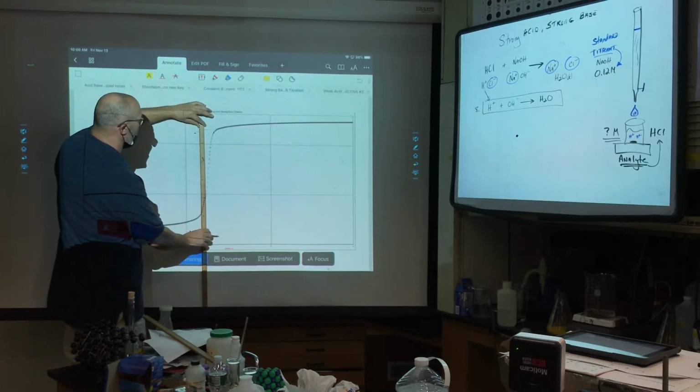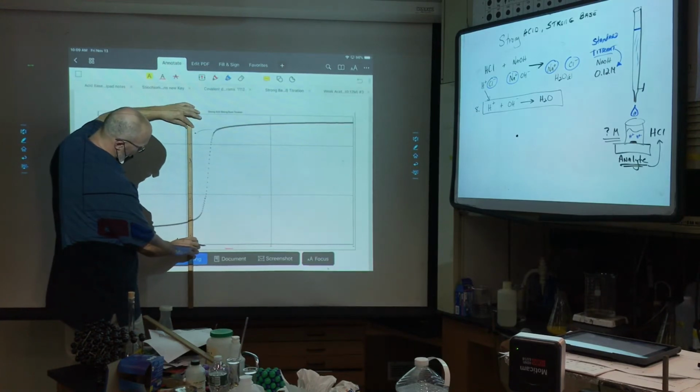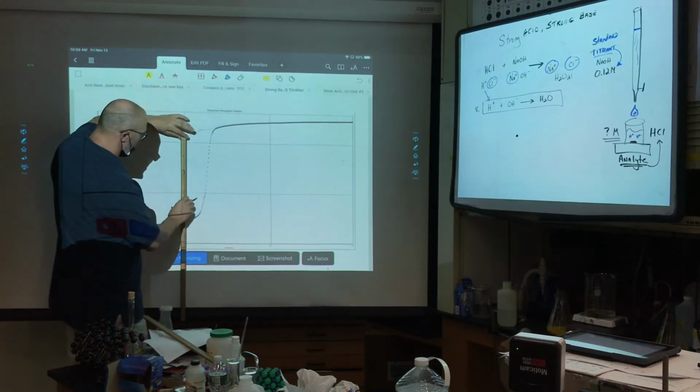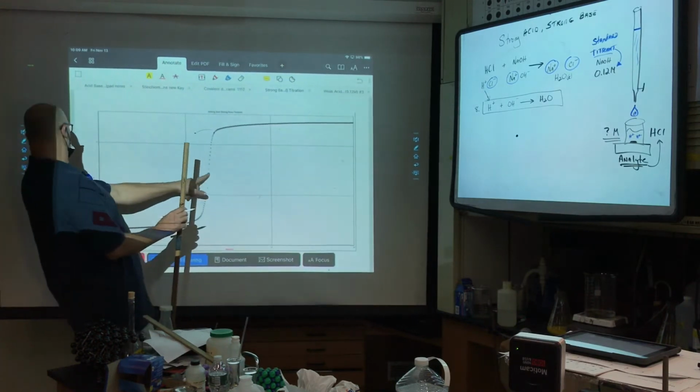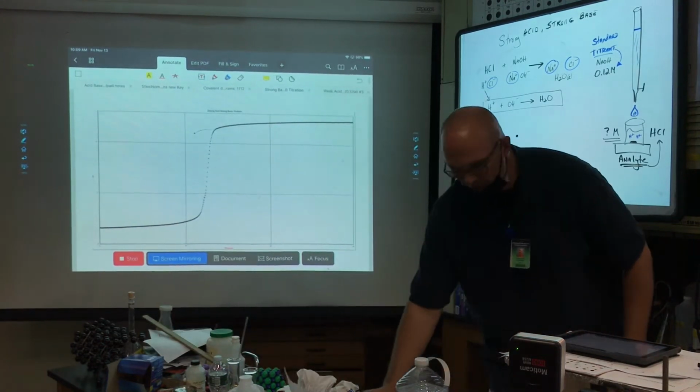So when I do this, I'm looking at 51 centimeters for me. So that's 25.5, right in between those two lines there. And I'm liking that.